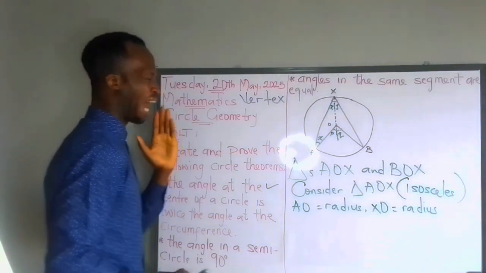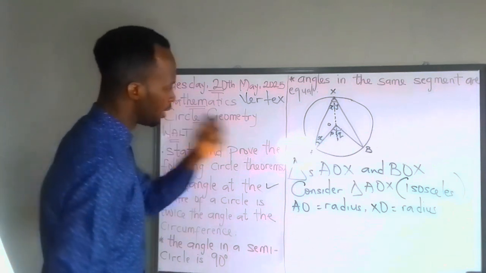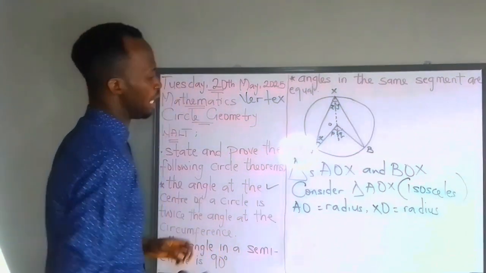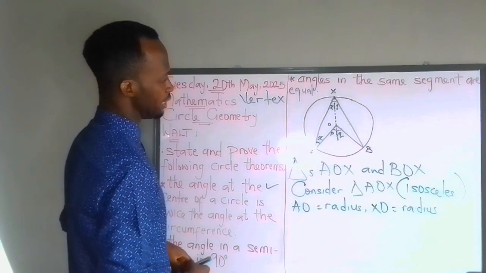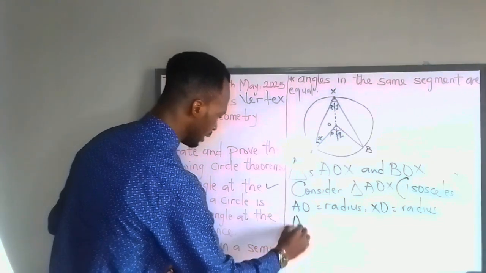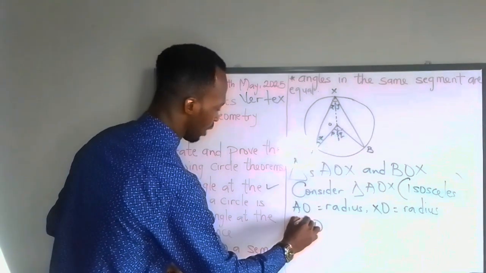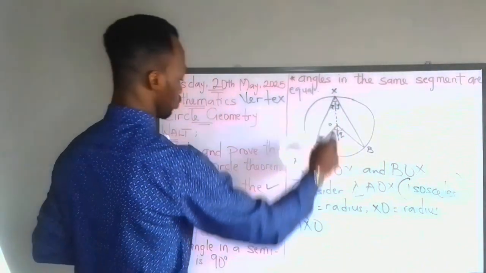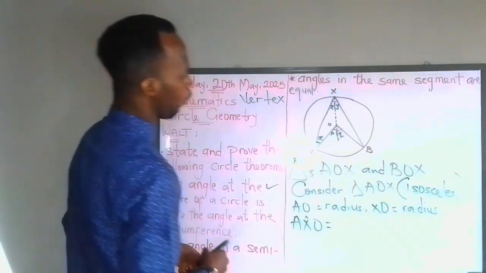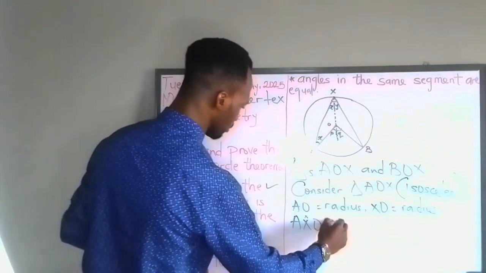Two sides are equal, which makes it an isosceles triangle. So here, let me also include this: the angle AXO, that's the angle at X, is equal to this angle here, XAO.